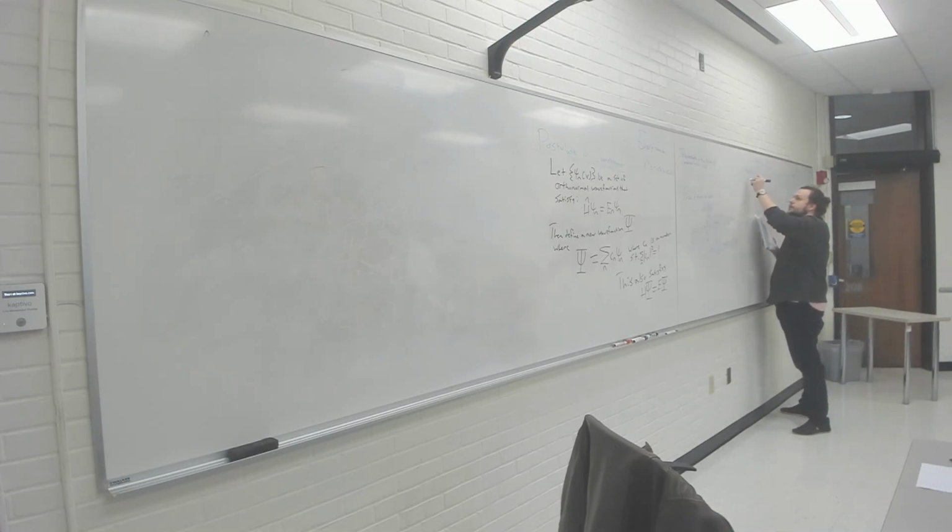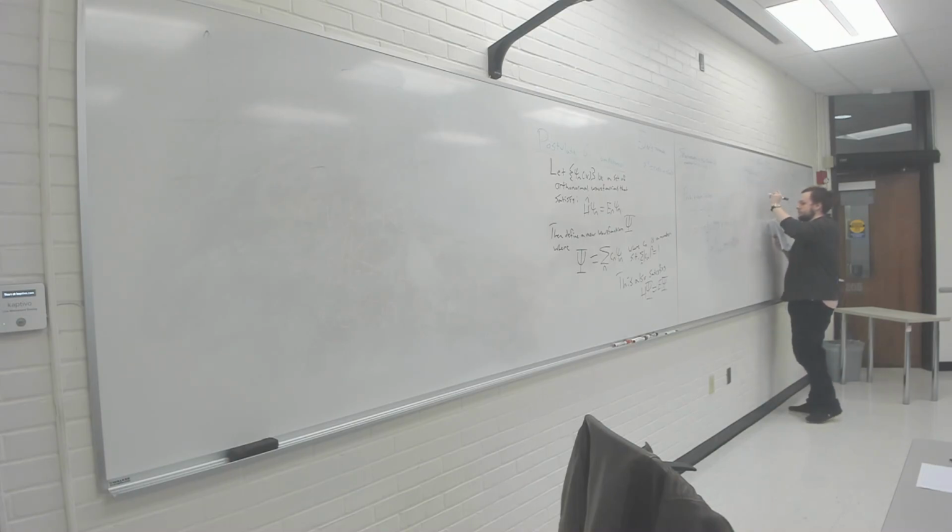Is equal to x sine delta x over delta minus x sine sigma x over sigma plus cosine delta x over delta squared minus cosine sigma x over sigma squared.